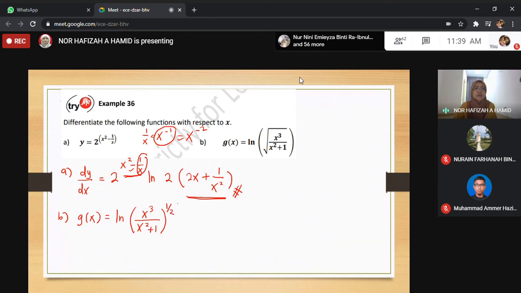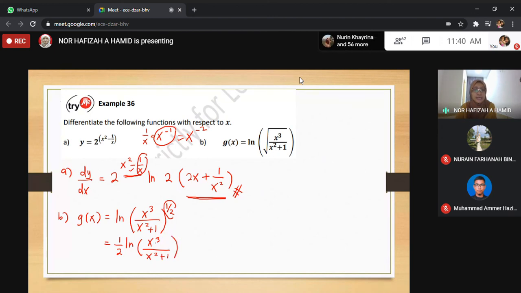Okay, so you simplify dulu sebab ln ni kalau you nak terus differentiate, takut dari certain equation tu macam susah. So you apply dulu rules of ln, lepas tu baru you differentiate. So ni rules dia 1 over 2, you boleh transfer dekat depan. So dapat 1 over 2 ln x cube over x square plus 1.